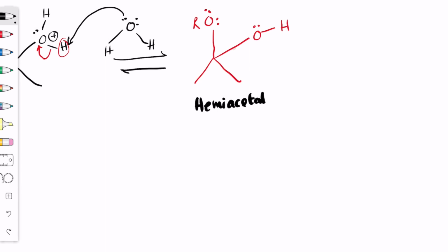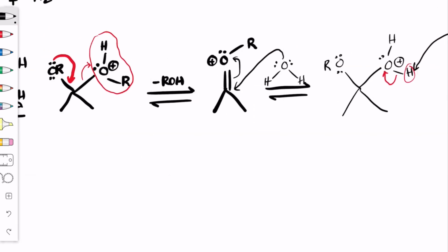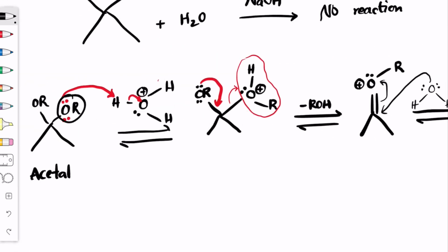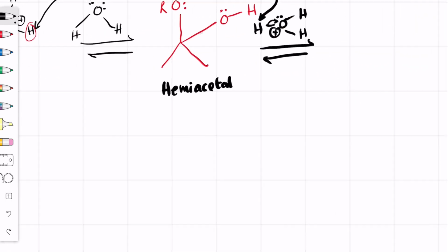Now the hemiacetal undergoes further reactions in presence of H3O plus again. I'm going to write the full reaction for one of them just so that you understand everything. So what happens here now? The OR group that is present here again attacks the proton, and this results in the electrons going back again. Remember that the exact same thing is happening. What happens to one OR group also happens to the other OR group as well.